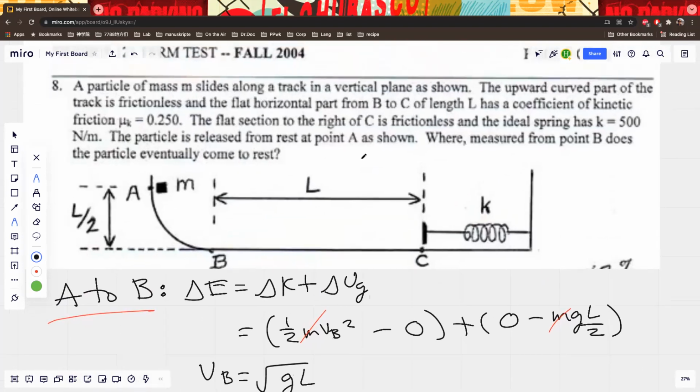So it asks, measured from B, where does the particle eventually come to rest? It comes down like this. It hits that spring, probably bounces back, and then comes back to somewhere here. And we're looking for this distance, capital D.